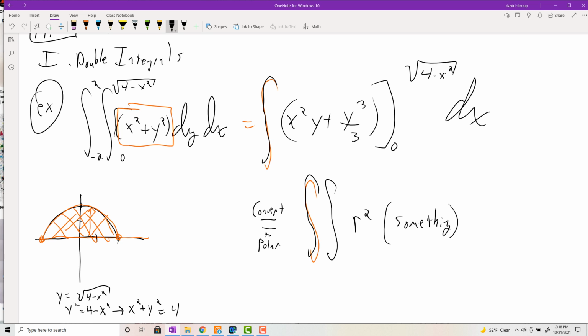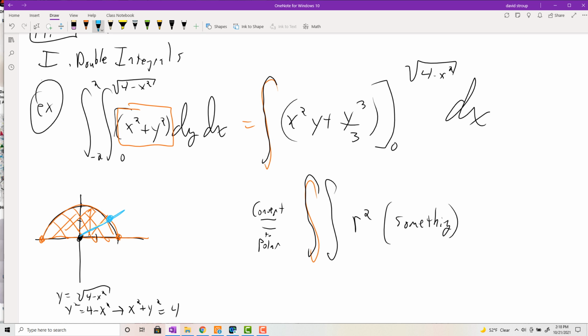The bounds of the integral, though, I can think of in terms of a circle. So r equals 0 is just this point here. This circle here is r equals 2, right? Here's my arm that I rotate to generate that curve.